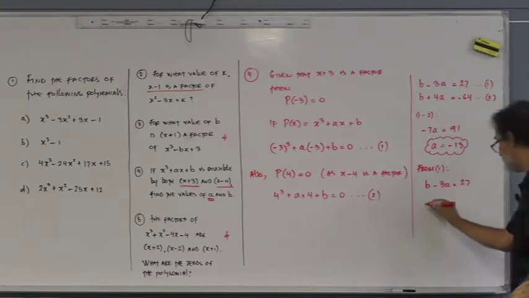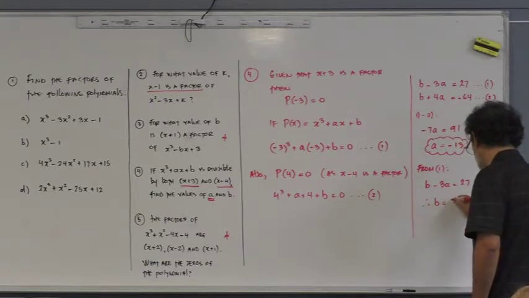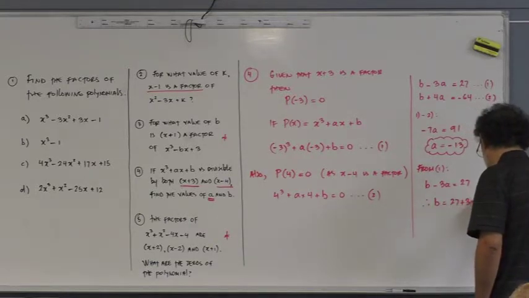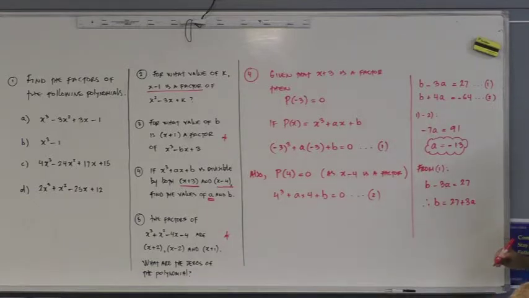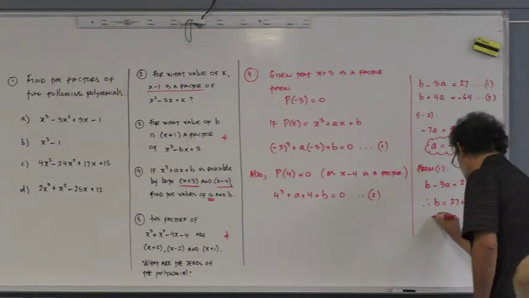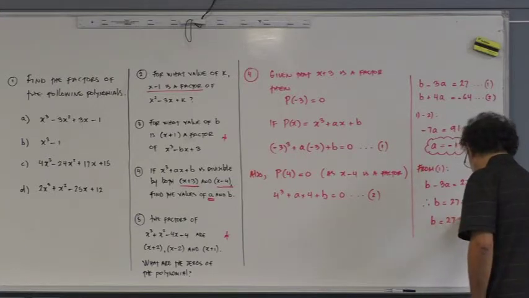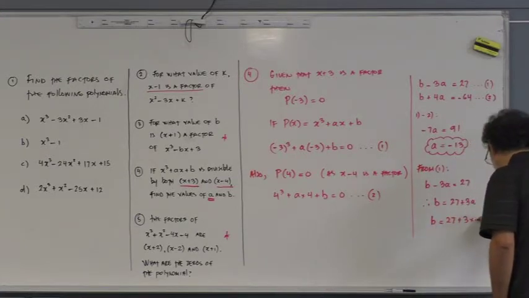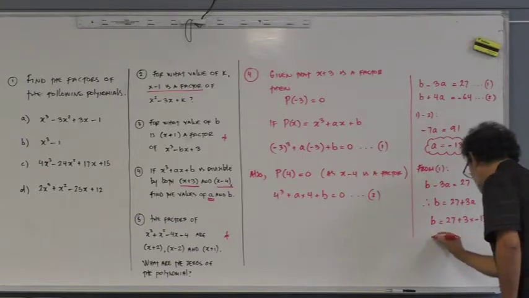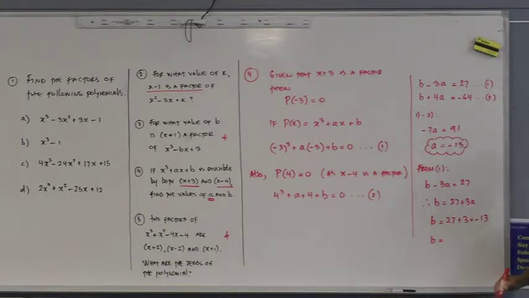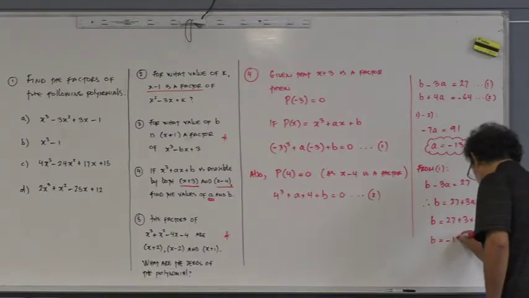Therefore, b is going to be equal to 27 plus 3a. And then we're going to substitute the value of a. So b is equal to 27 plus 3 times negative 13. And that will give you the answer for b, which is negative 12.